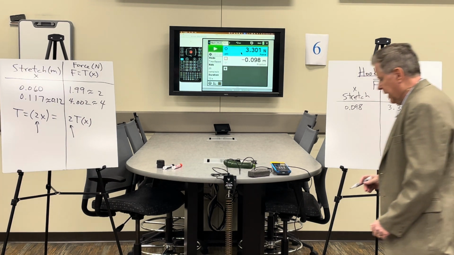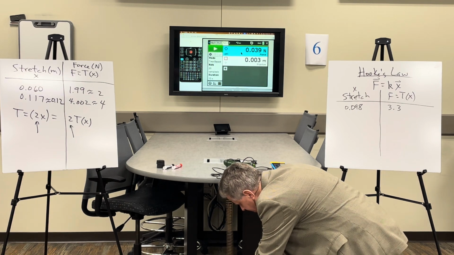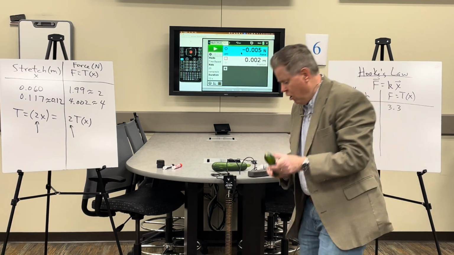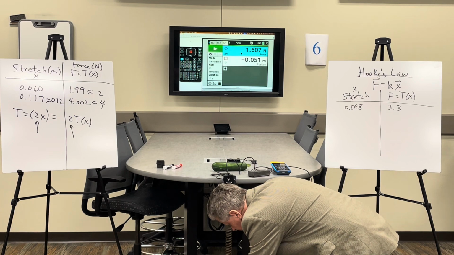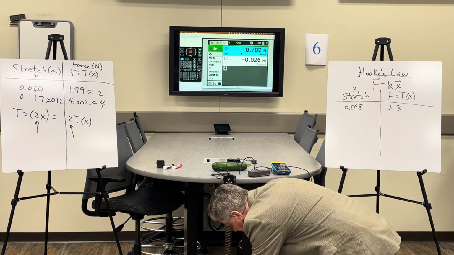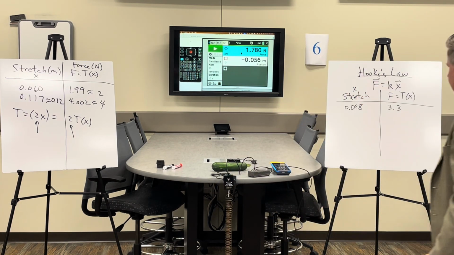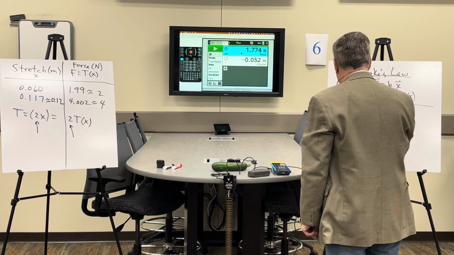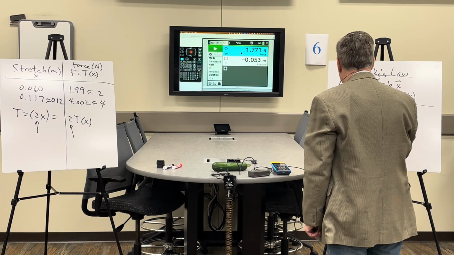Okay, so now if I take this zucchini off, and I put this other zucchini on, get it to balance. To stop moving around too badly. I get a stretch of 0.52, let's say.